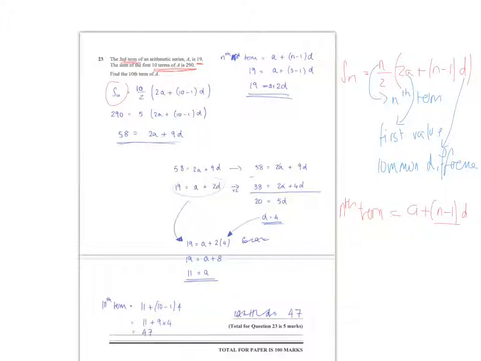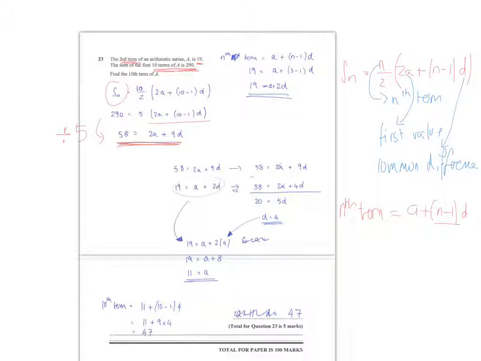Simplified, well, we know that the sum of the first 10 terms is 290, so 290 equals 10 over 2 is 5, 2a plus 10 minus 1 d, 10 minus 1 is 9, and here what I've done is I've divided both sides by 5. 290 divided by 5 is 58. Inside the bracket is 2a plus 9d, so I'm left with an equation 58 equals 2a plus 9d.